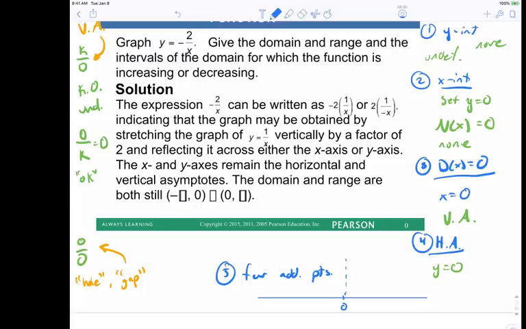So when x is -1, if we plug -1 into the original, what y value do we get? +2, right? Double negative is positive. When x is -2, what y value do we get? 1, right? Let's do one more. When x is -4, what y value do we get? A half, right?